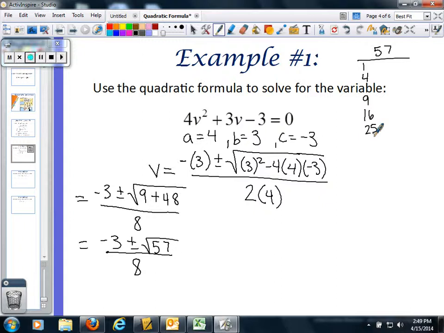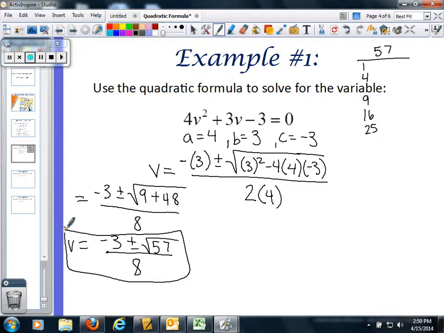Not going to go any higher than 25. 4 isn't going to go into 57. 9 does not go into 57. 16 does not go into 57. 25 does not go into 57. So this is as simple as it can go, and we get that b equals negative 3 plus or minus the square root of 57 over 8. Okay?